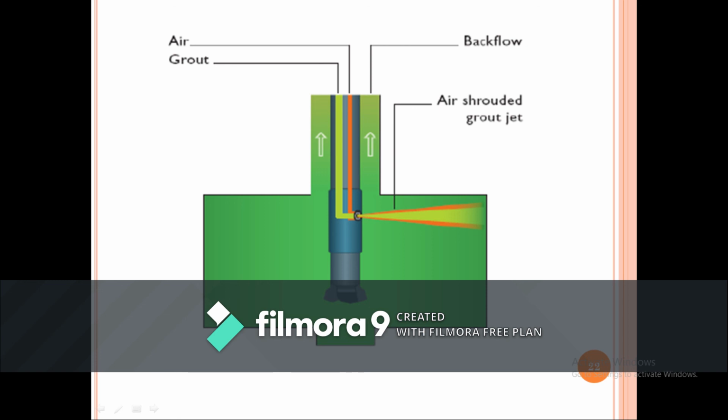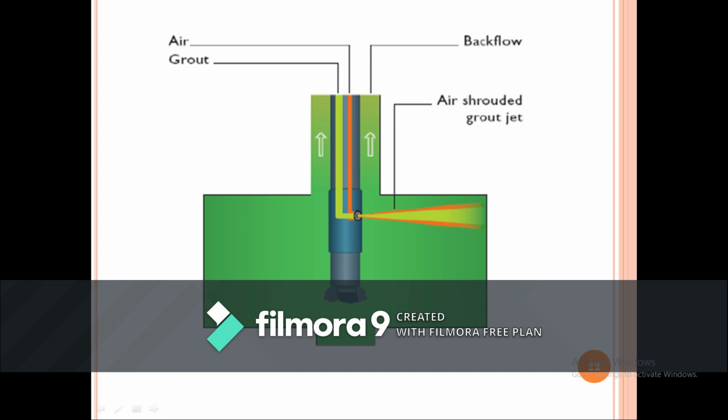The technique remains the same, but when you are using air initially along with the grout, the air tries to create an opening and the grout gets filled into that opening. So this process will be effective when compared to the earlier single direct process.